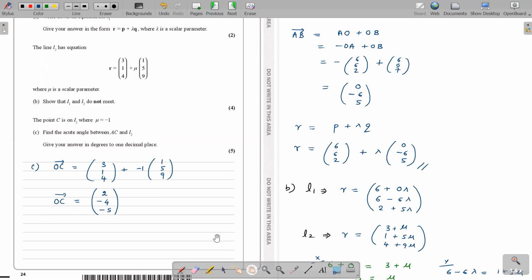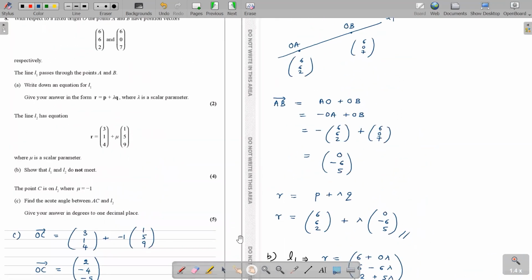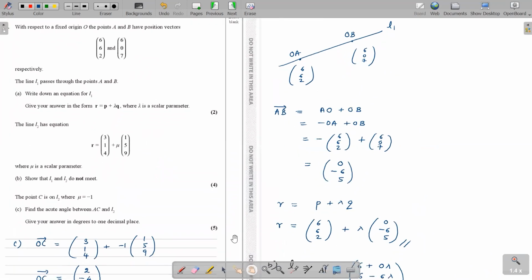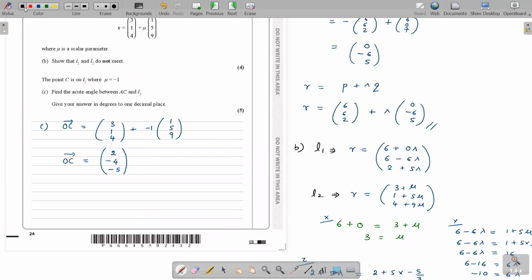Okay, so now we have the lines L1, L2 do not meet, right? So I have my line 1, line 2, they don't meet. The point C is on line 2, right? Find the acute angle between AC and L2. Okay, A and C. Basically A is on line 1, right?